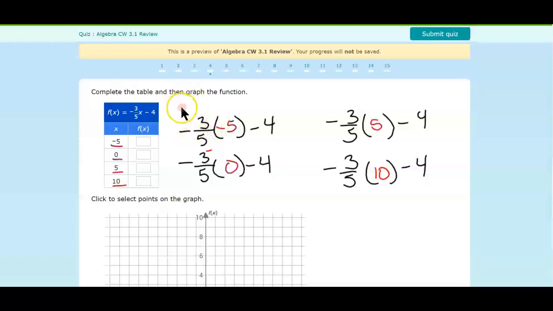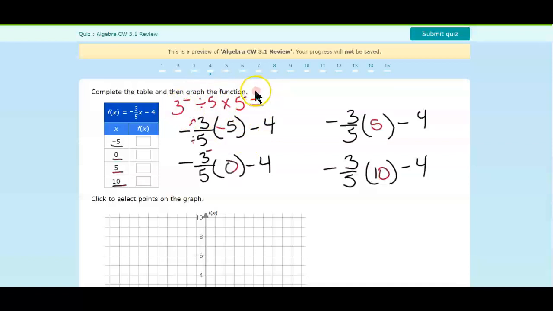So I'm going to put in 3 minus, because this is on the top. And then I want to divide it by 5. And then I'm going to multiply, because this is not in a denominator, times 5 minus, because it's a negative 5. Now, all my multiplication and division I'm going to do together and hit equals.